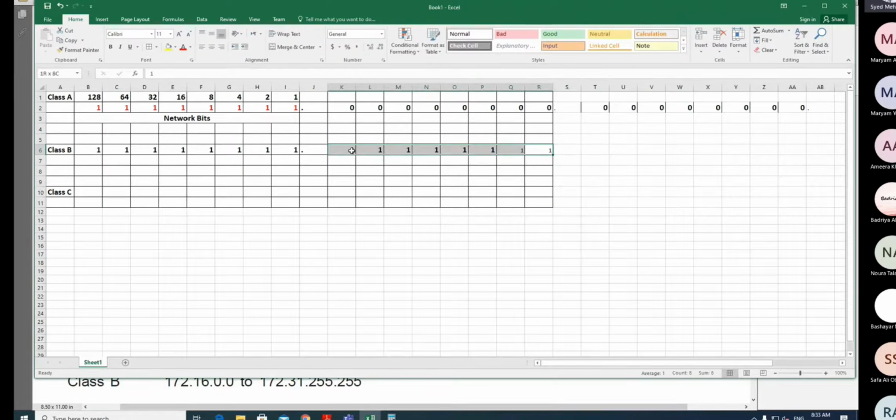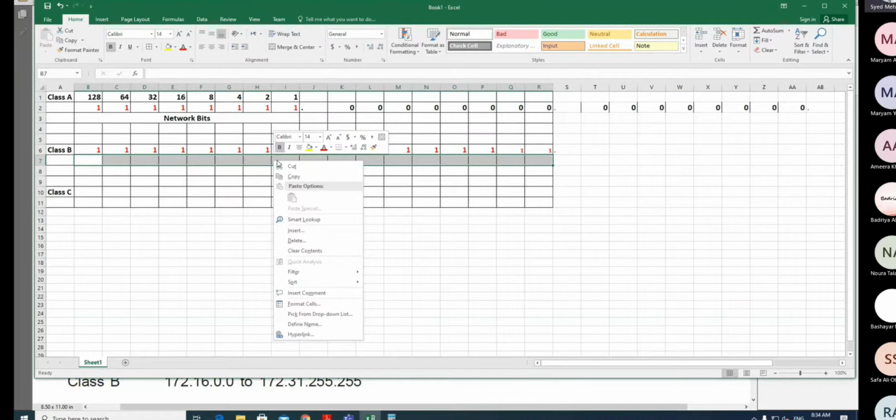So total how many bits for the network here? Not 8, in this case 16.